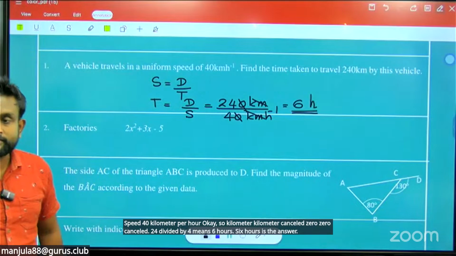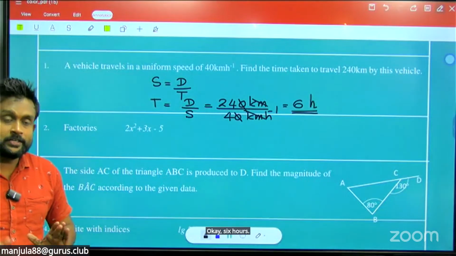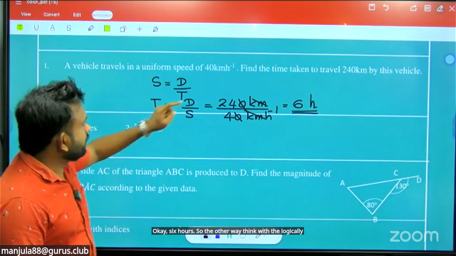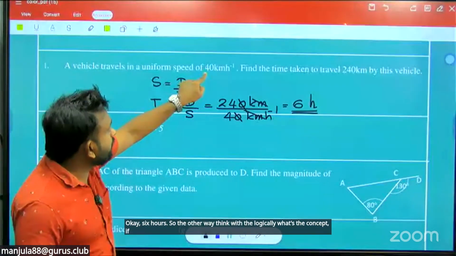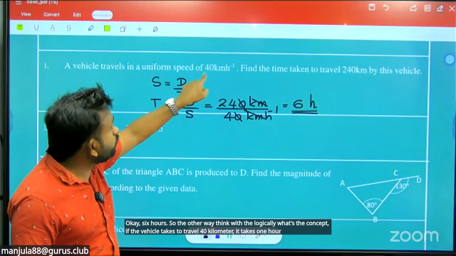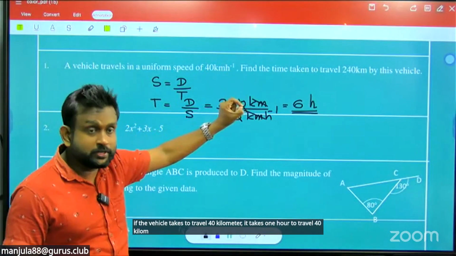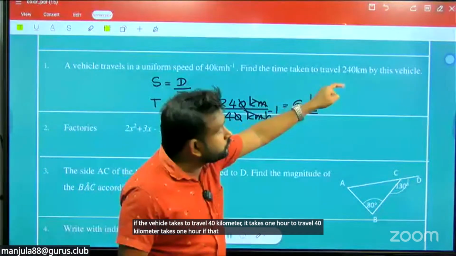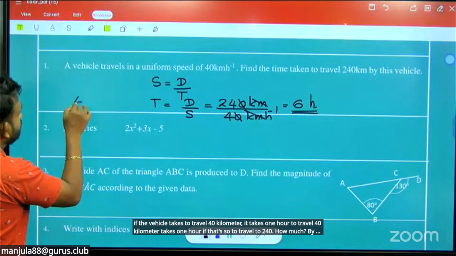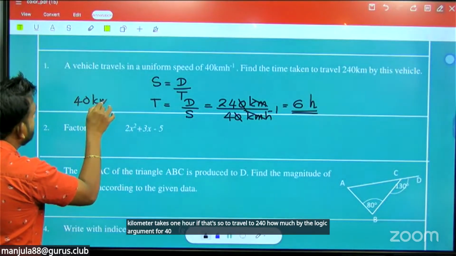Okay, 6 hours. The other way, think logically: what's the concept? If the vehicle takes 1 hour to travel 40 kilometers, then to travel 240, how much? By the logical argument, for 40 kilometers it takes 1 hour.